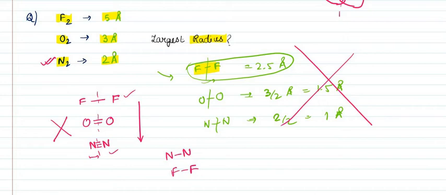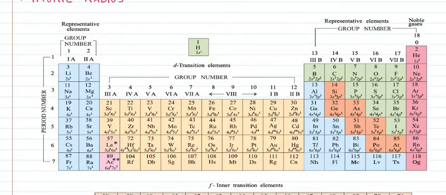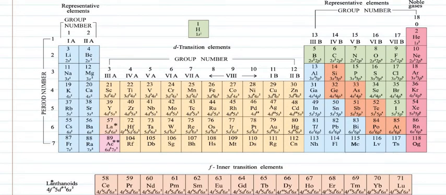Now how will you compare this while not knowing any data, right? For that we will study the periodic trends. Now we have again come to the periodic table here. We will check out what the trends of atomic radius are in the periodic table.